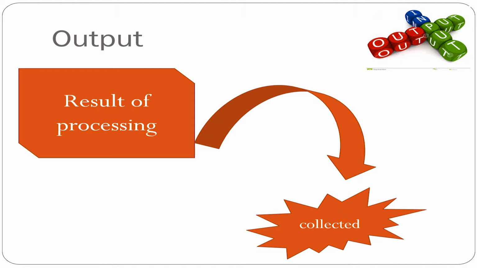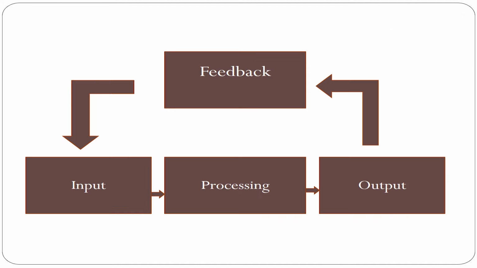Output transfers the processed information to the people who will use it or the activities for which it will be used. Information systems also require feedback, which is output that is returned to appropriate members of the organization to help them evaluate or correct the input stage.